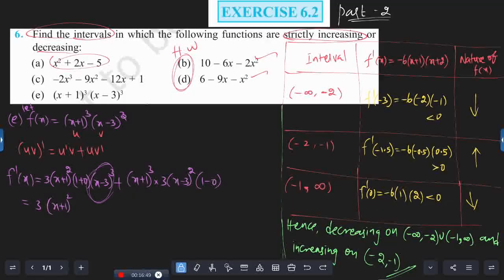Next, (x minus 3) we have in both places, and the least power, square, you take outside, so (x minus 3) whole power 2.